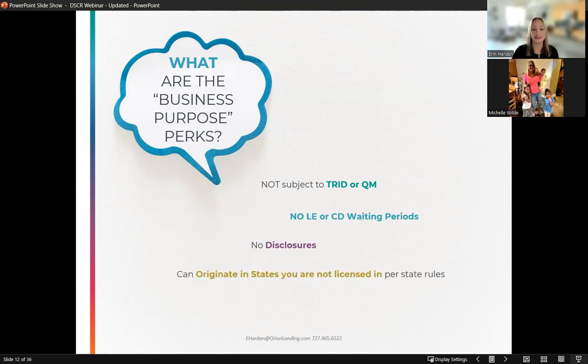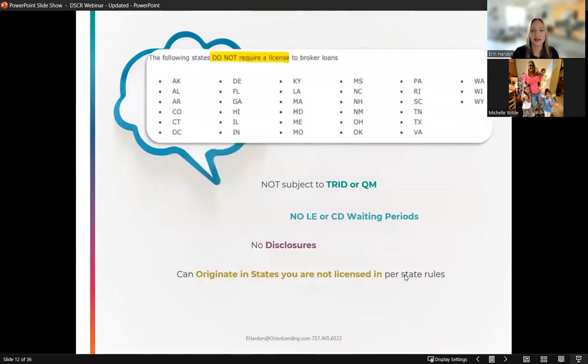Another big perk of DSCR is you can originate these in a state you're not licensed in, as long as the state allows it. I'm putting on the screen now the states that do not require you to hold an LO license in that state in order to originate DSCR loans there.